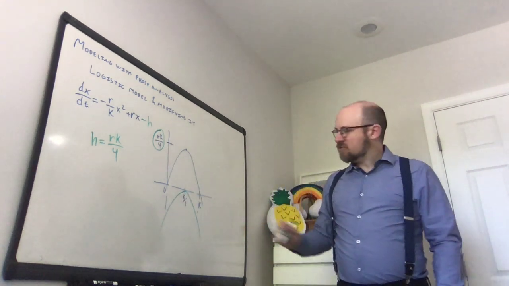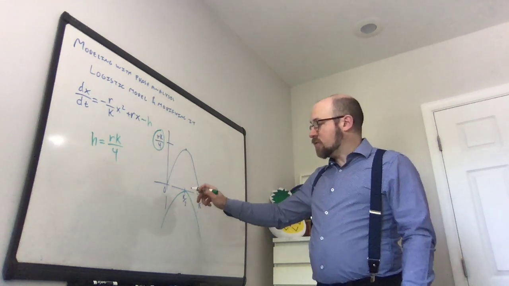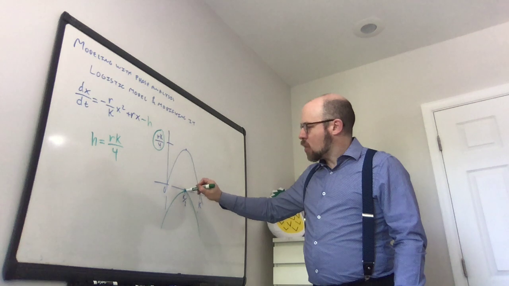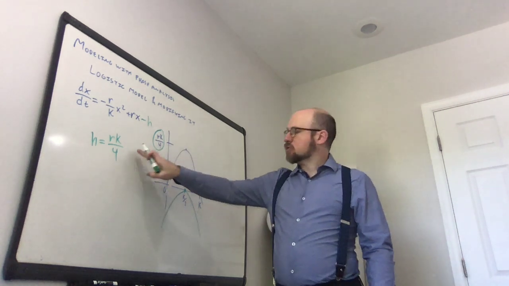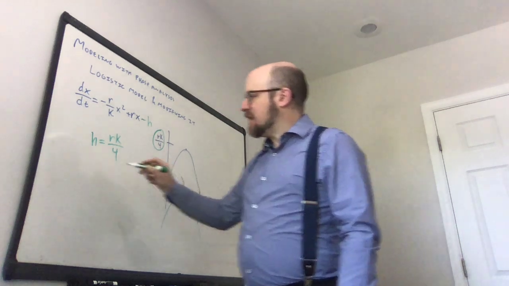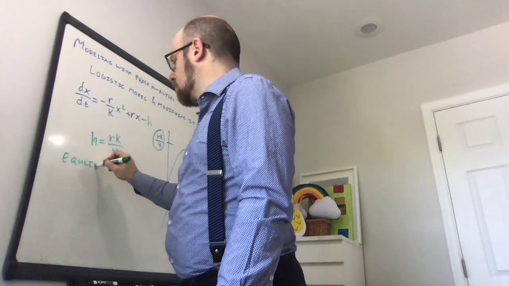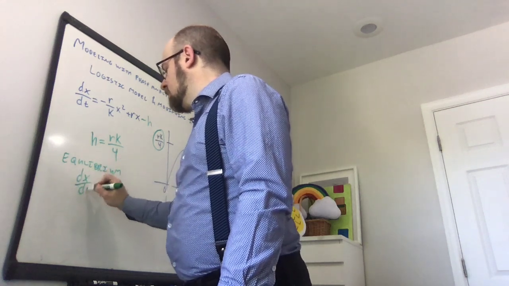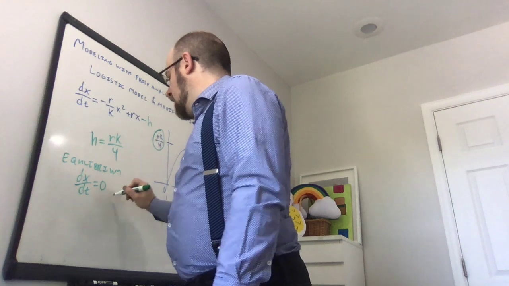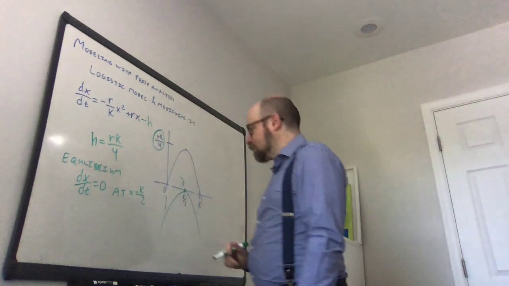Okay? And so you might look at this and say, okay, well, no, that's always negative, right? That's always going to be decreasing. But it's not quite. Okay? So if h is equal to rk over 4, you have an equilibrium point where dx/dt equals 0 at x equals k over 2.